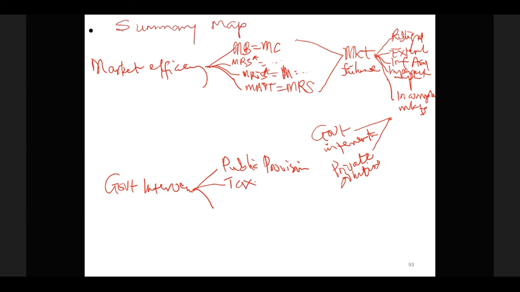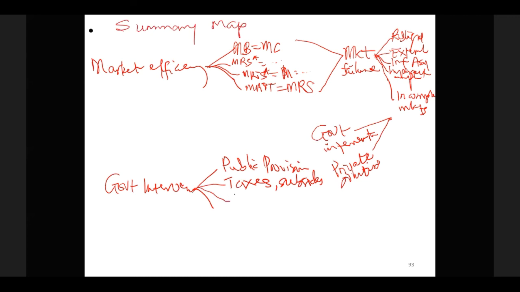Government intervention can be in terms of taxes and subsidies, for addressing income distribution situations, addressing redistribution of income, addressing externalities as in Pigouvian taxes and Pigouvian subsidies, and so on.